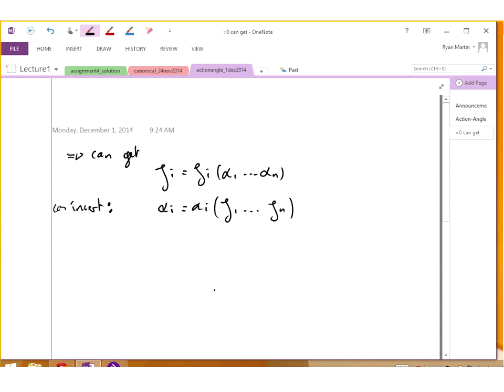Similarly, we can write the Hamiltonian, which originally depended on the q_i's and ∂W by ∂q_i. Remember, ∂W by ∂q_i is simply p_i. Or sorry, that's ∂W by ∂alpha_i, which is equal to P_i. So we can write that Hamiltonian in terms of the q_i and ∂W by ∂ capital J_i's.